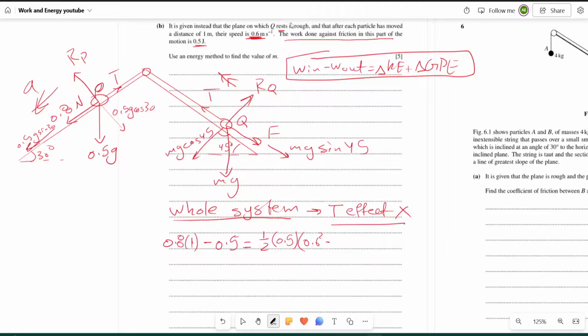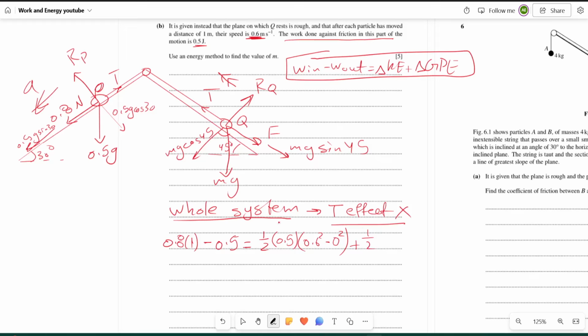According to this part, they were not moving initially, so it started from rest, so minus 0 squared. This is the kinetic energy for P. We have to add the kinetic energy change for Q as well.